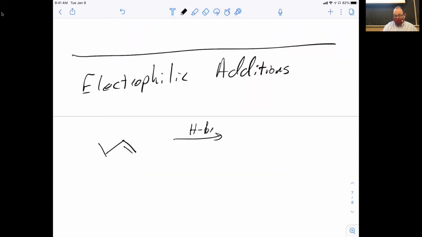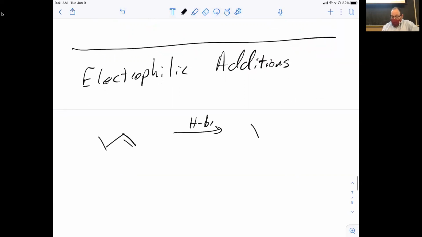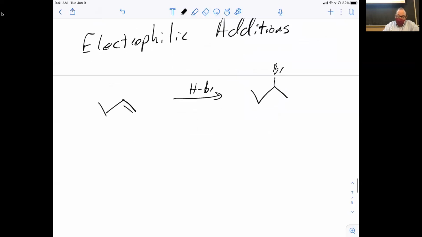So we looked at this, right? We look at the mechanism here. All right, so just an isolated single double bond here. Nucleophile is going to attack the electrophile, leaving group is going to leave.